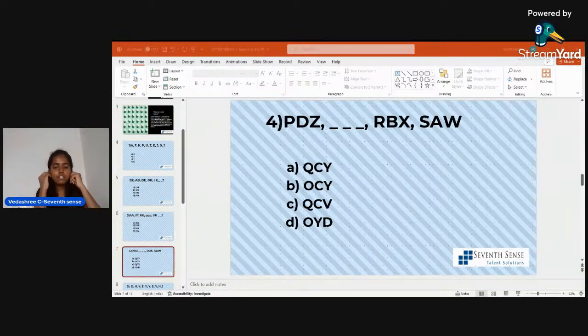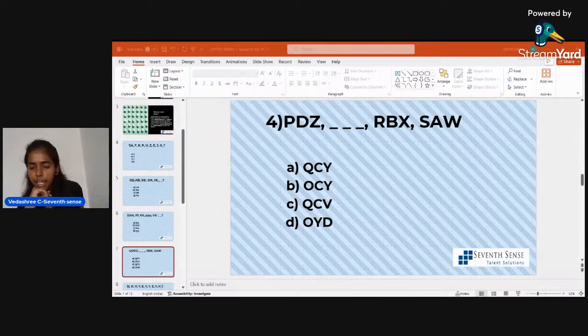What is the answer for this? P, D, Z, then blank. We need to find out the second element, the second letter in the second group of letters.